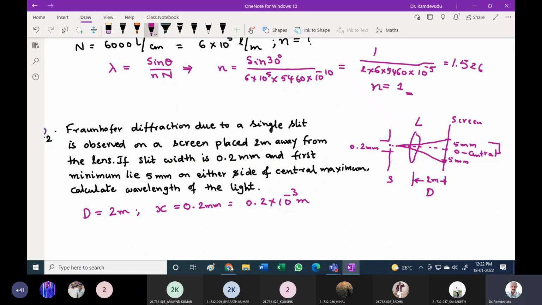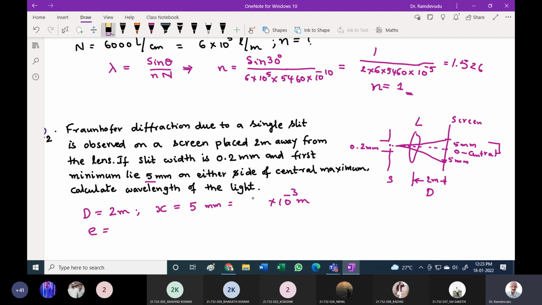Now the slit width is E. Sorry, this is not X. X is 5 mm they have given, so I should write 5 mm, not the slit width.